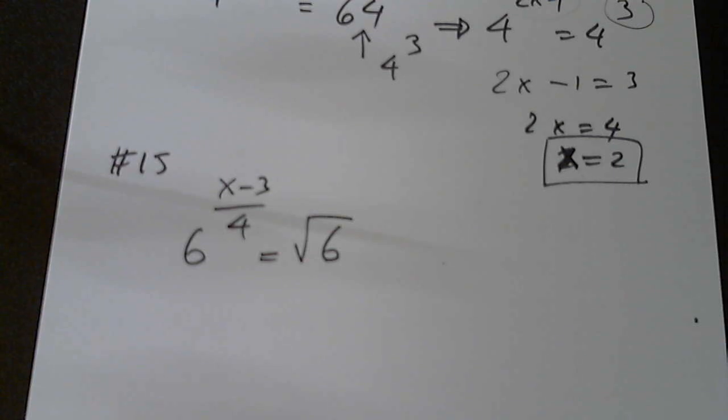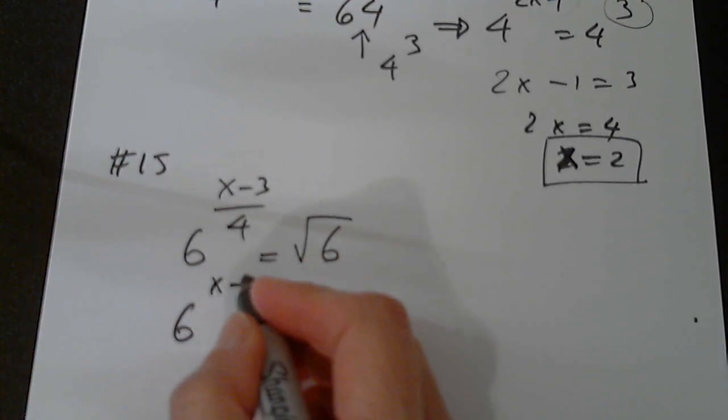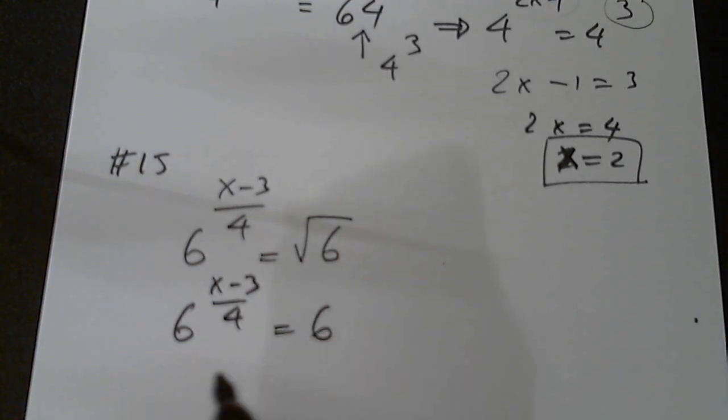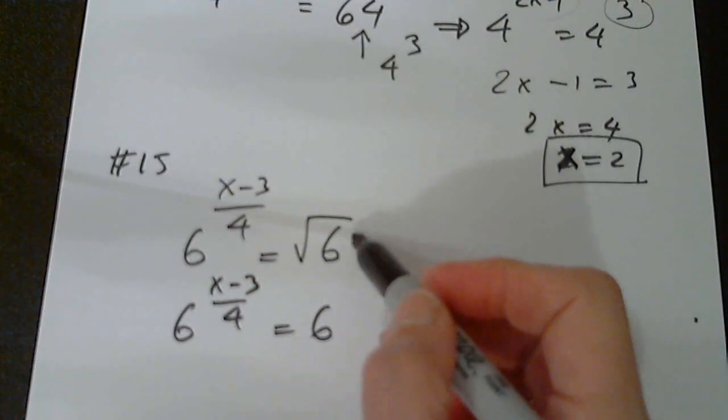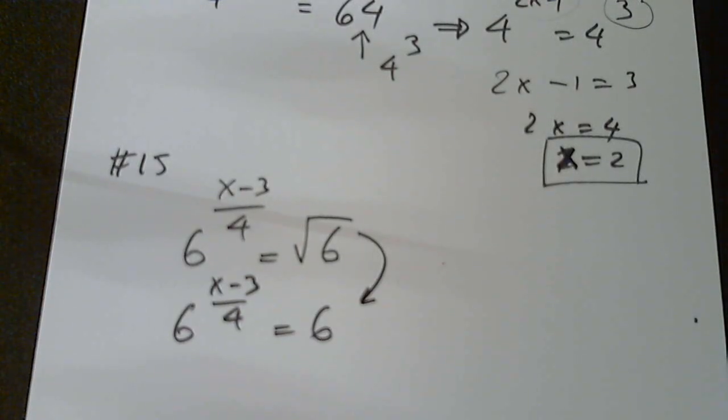There is nothing I can do to the left-hand side. But the right-hand side is 6 to which power? Anyone? The square root of 6, we said, is the same as 6 to which power?